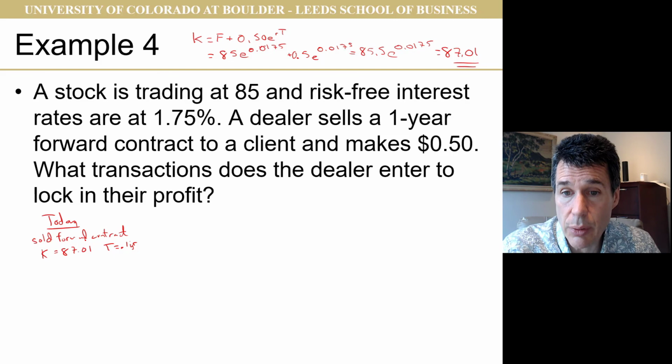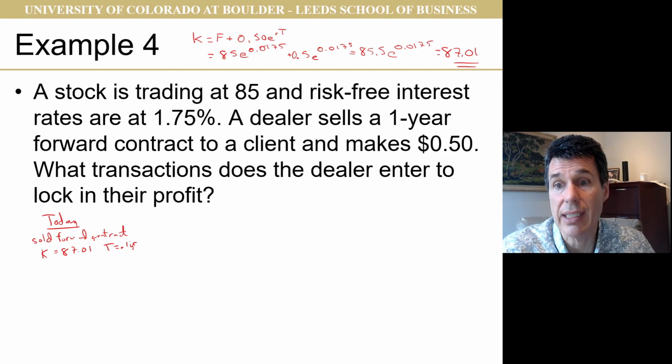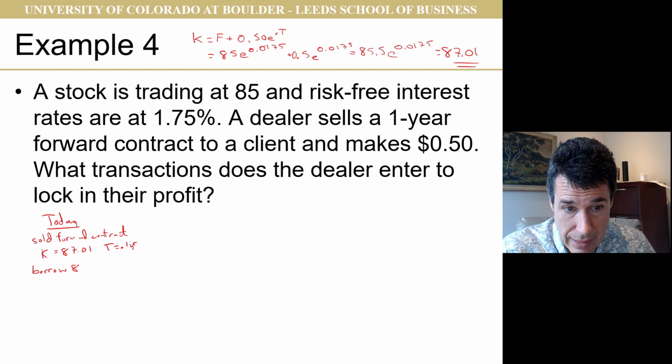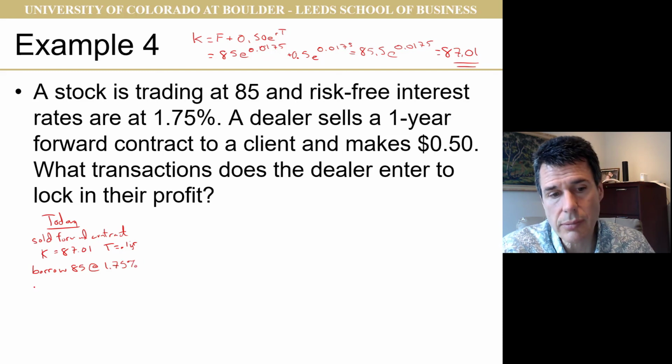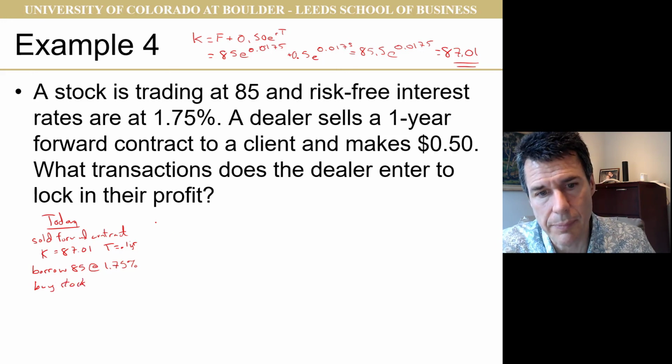If he sold the forward contract, it means he's selling the stock in the future, price of 87.01, which means he needs to buy it today. So he borrows 85 at 1.75% and buys stock. That was easy.